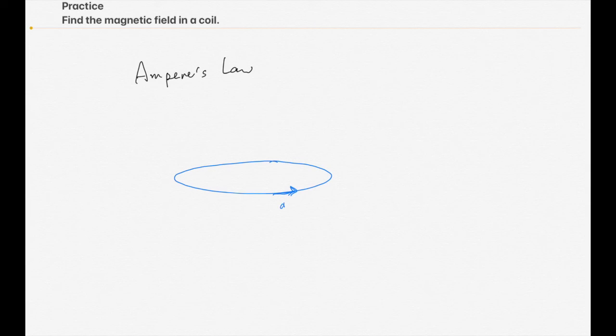small length vector dl, and the magnetic field is directed in some direction, and we'd like to integrate the magnetic field over a closed path. So this is the integral of B dot dl.